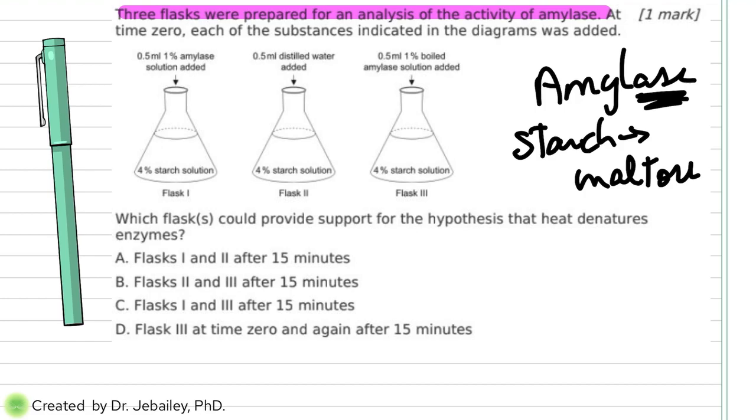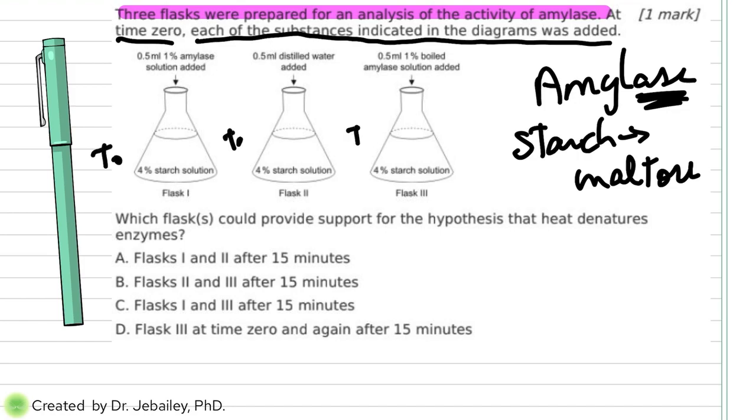And then it says that at time 0, each of the substrates indicated in the diagram was added. So that means when they started, at time 0, how much substrate they had. All of them started with a starch solution of 4%, 4%, and 4%. So that means the amount of sugar in all those flasks was exactly the same.